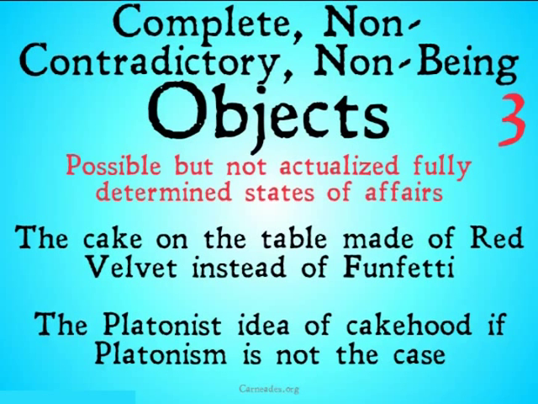And the Platonist idea of cakehood, if it is in fact the case that Platonism is not the case, then the Platonist idea of cakehood would not exist as a real object, so it would exist as some kind of possible object. In the Meinongian sense, a complete non-contradictory, non-being object.